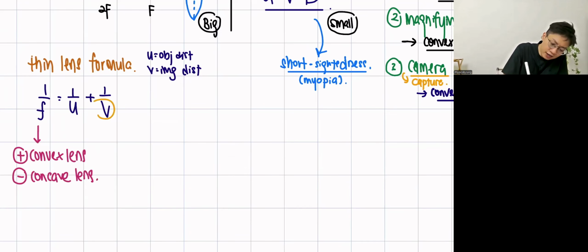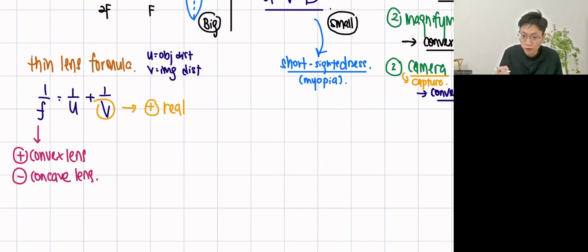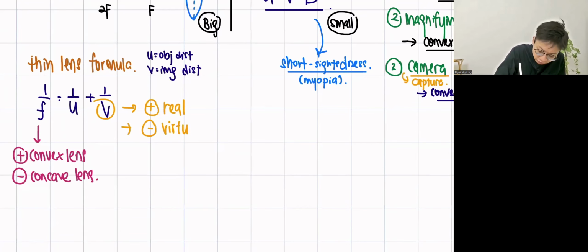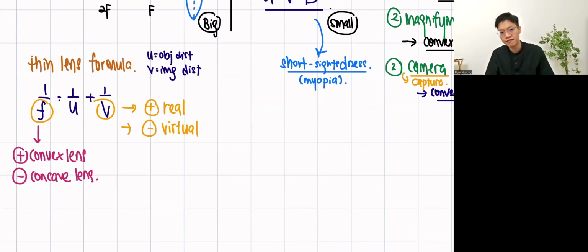If V comes out positive, your image is a real image. If it comes out negative, it will be a virtual image. So we have F here, V here, the real image and the virtual image, and the differences between convex lens and concave lens.